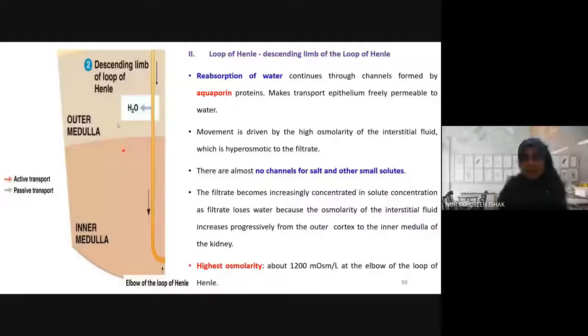The more you enter into the kidney region, from the cortex into the outer medulla, into the inner medulla, the interstitial fluid becomes more and more concentrated. It becomes hyperosmotic compared to the filtrate, because of the presence of sodium chloride, salt, in the interstitial fluid.